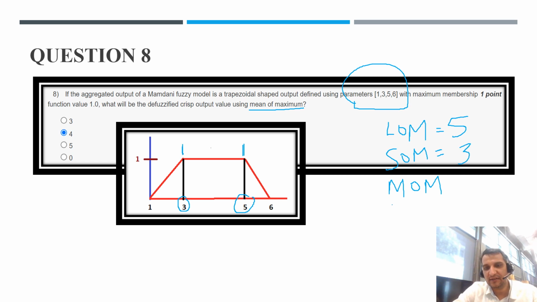Mean of maxima: directly we just have to take the average of these two values, 3 plus 5 divided by 2, right? So the answer will be 4. We just have to enclose it in brackets. So in this way we calculate this defuzzified value.